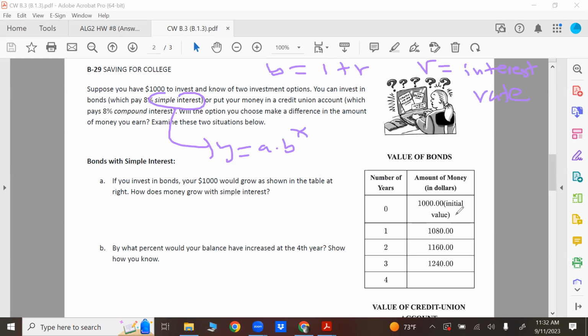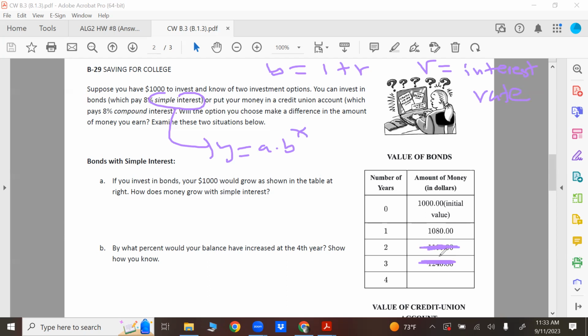Wait. That doesn't make any sense. Hold on a sec. How does your money grow with simple interest? That doesn't make any sense, actually. I'm a little skeptical about this. Let's actually calculate.